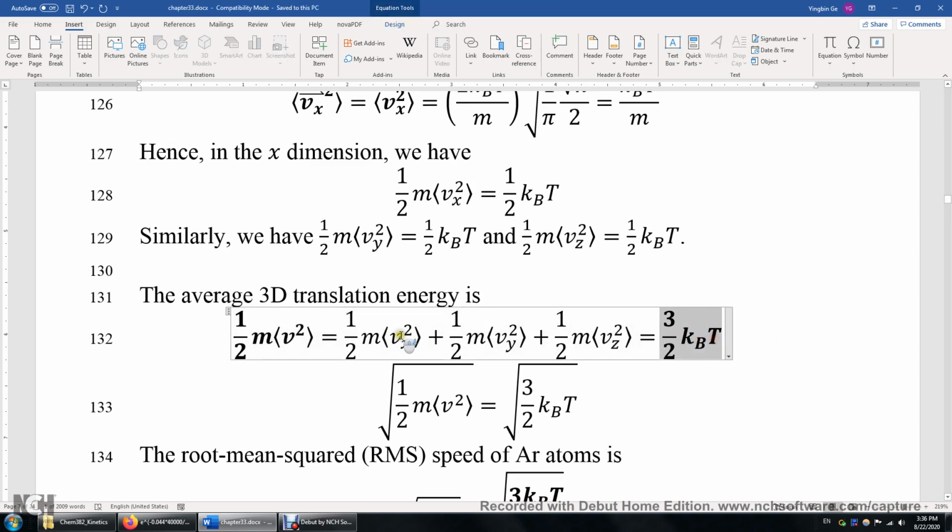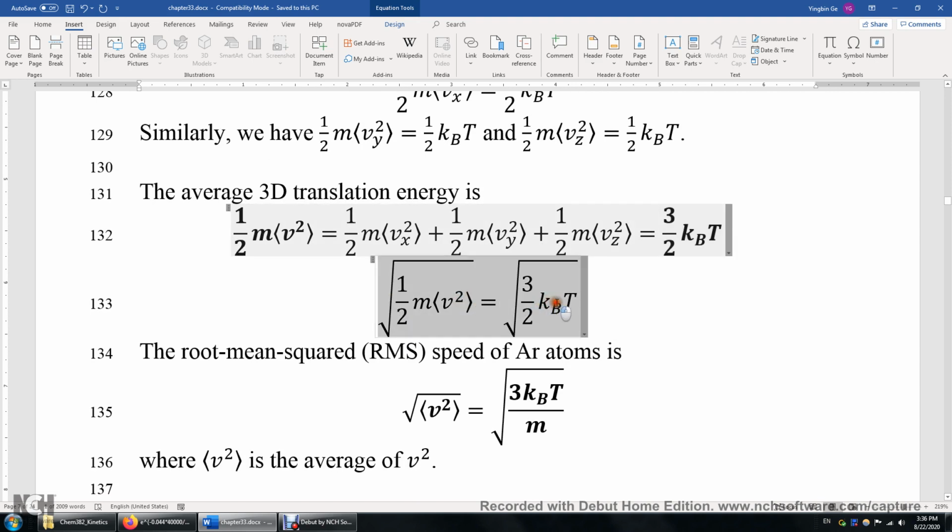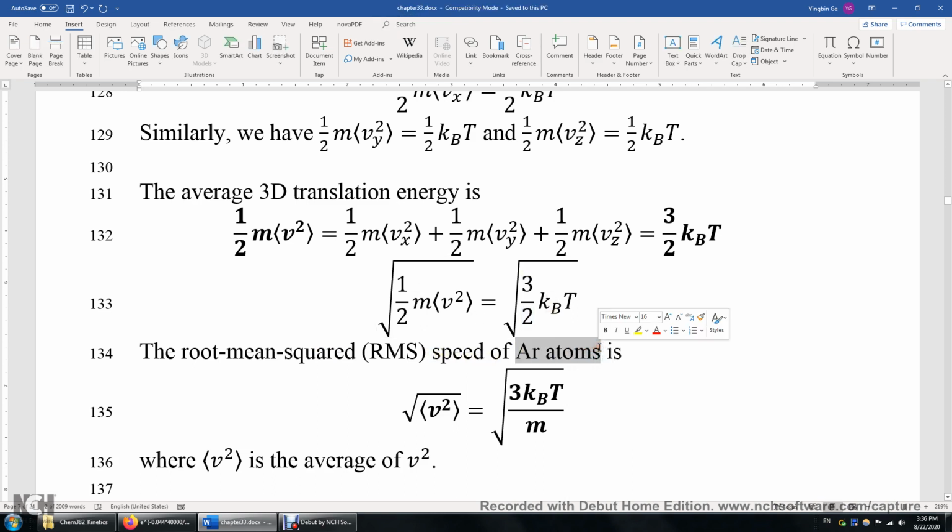That's it. So we have this equation, and by taking the square root of both sides, we get the root mean squared speed of the gas particles. It's very simple. It's the square root of 3kBT over m.